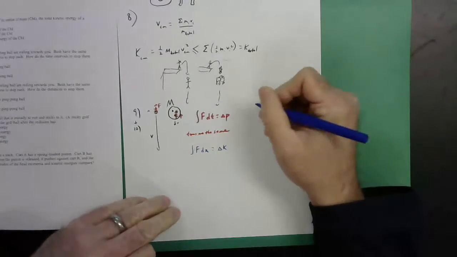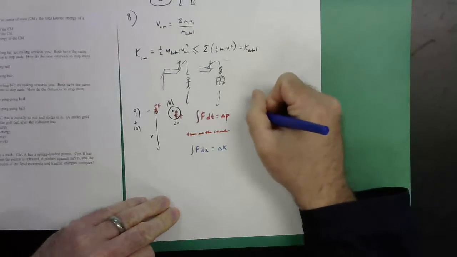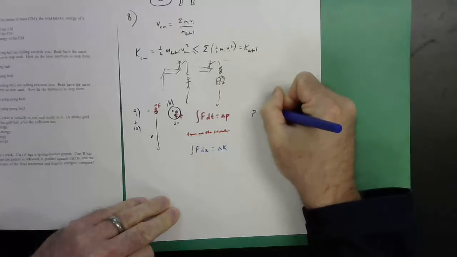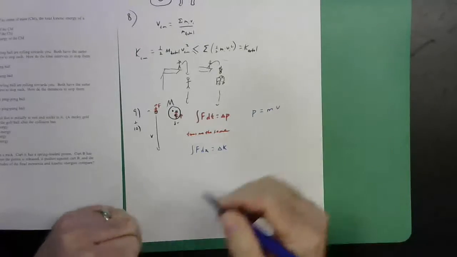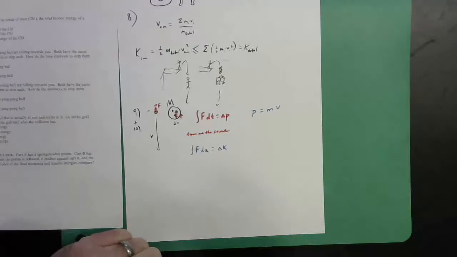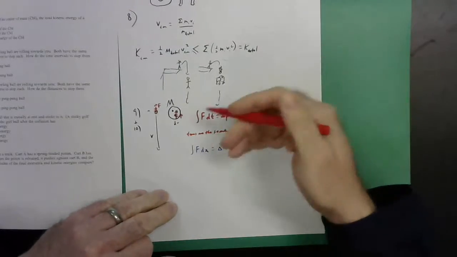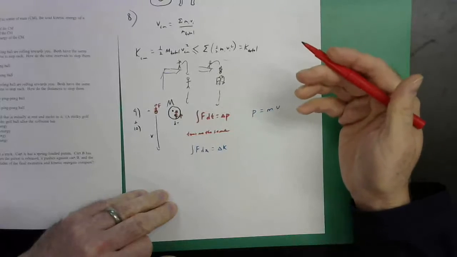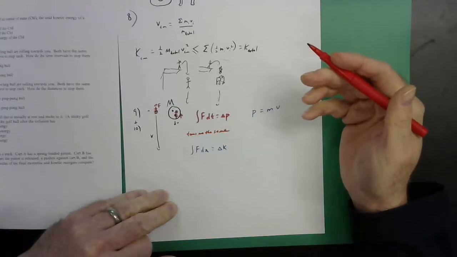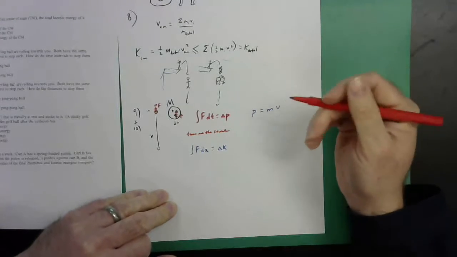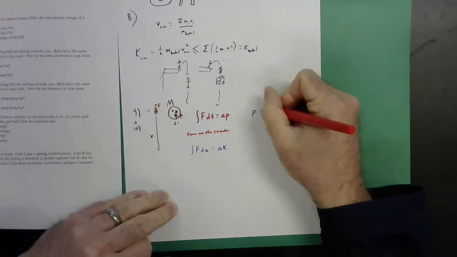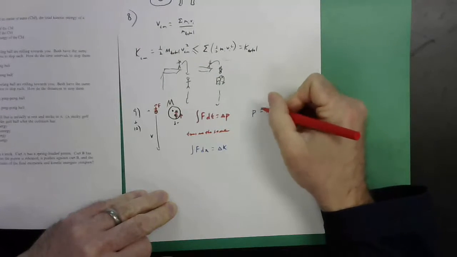And the answer is no. If they have equal momenta, momentum is mass times velocity. How does the mass of a bowling ball compare to the mass of a ping pong ball? I don't know, maybe 1,000 times more? 2,000? I don't have a good mental image of that. They're so different.